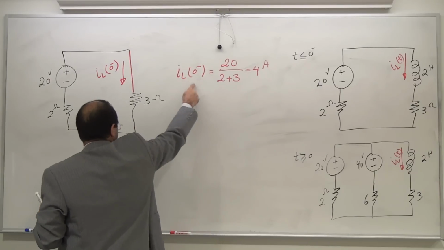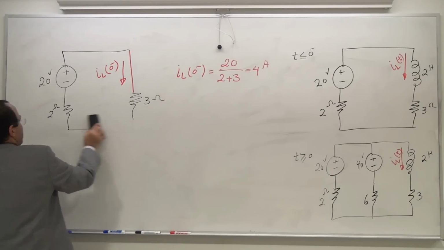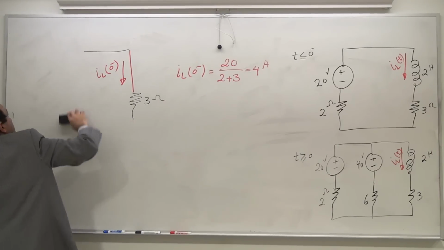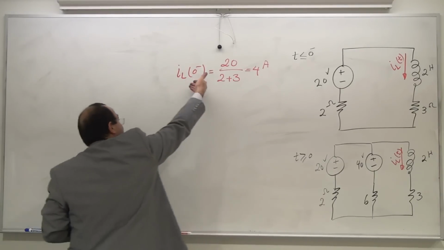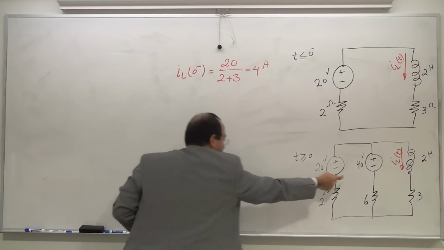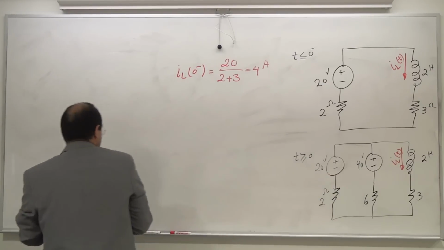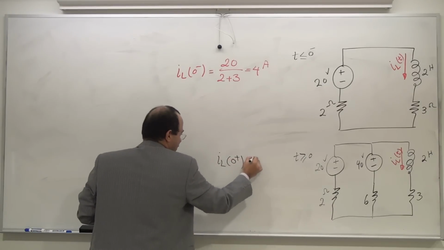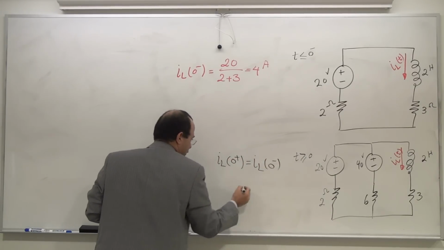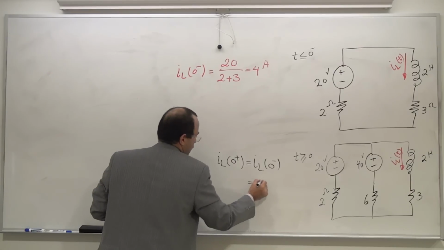Let's erase this. I can safely transfer this into this one. So IL of 0 plus is equal to IL of 0 minus, which equals 4 amp.